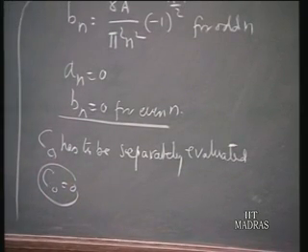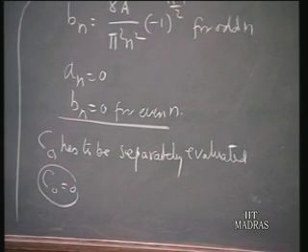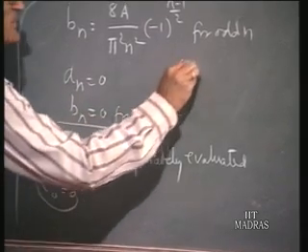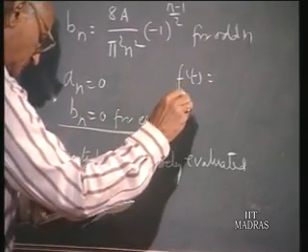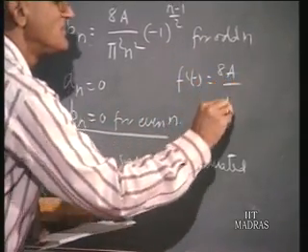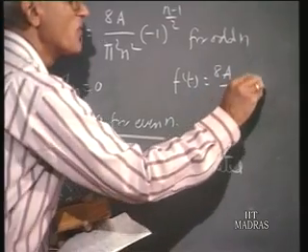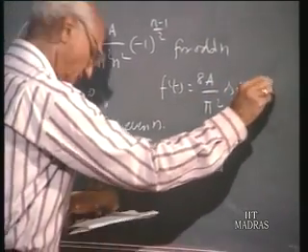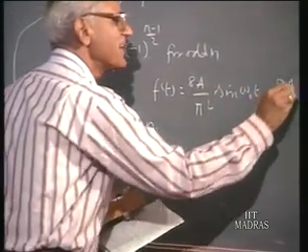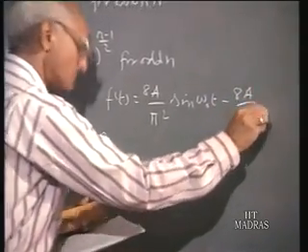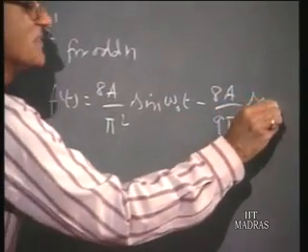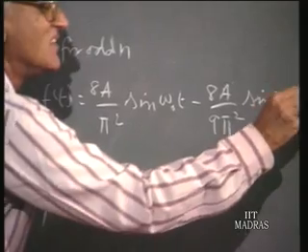Other Cn have already been obtained. So finally f of t will be 8a by pi squared sin omega naught t minus 8a by 9 pi squared sin 3 omega naught t, etc., etc.